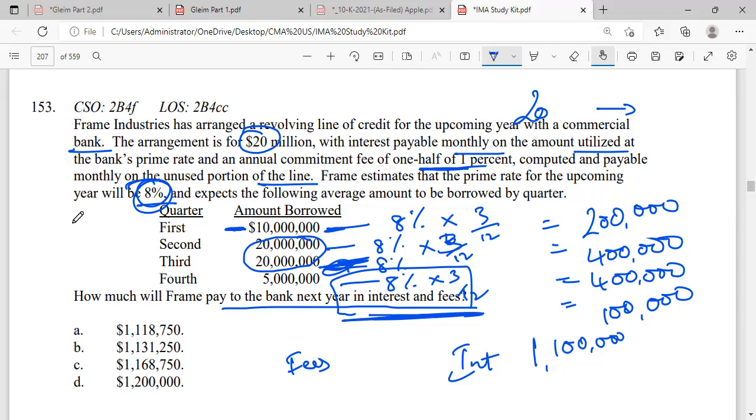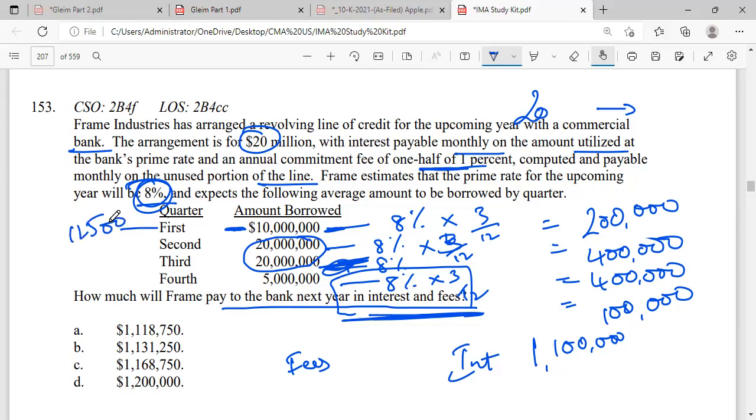So 10 million into half percent, 10 million into 0.005. Now, this is again for 3 months per quarter only, into 3 divided by 12. So in this, it is going to be 12,500.